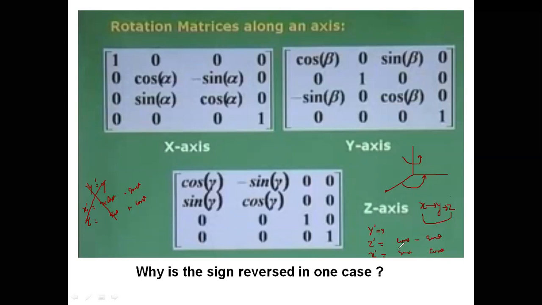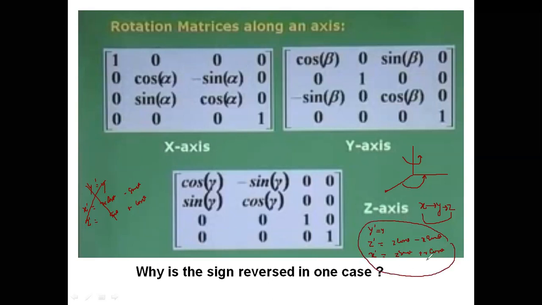Here z dash will be equal to the value of z here and minus x, and this will be x plus z sin theta and x cos theta. In this manner we have written this.